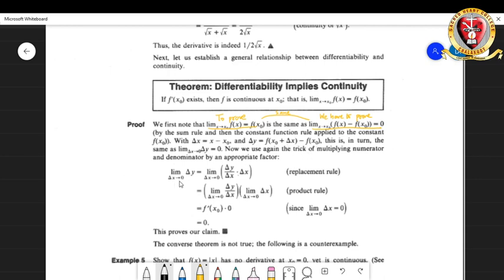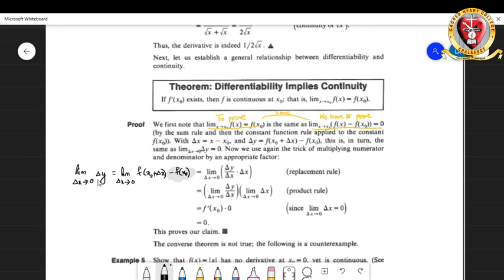Okay, then you're considering limit delta x tends to 0 of delta y, which is nothing but limit of f of x minus f of x naught plus delta x minus f of x naught, the whole thing divided by delta x, as delta x tends to 0.